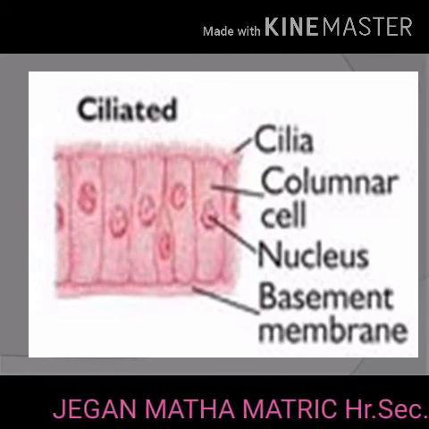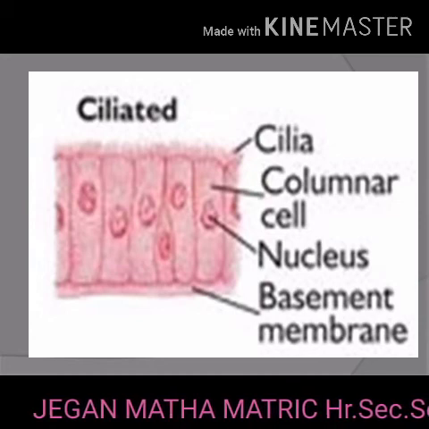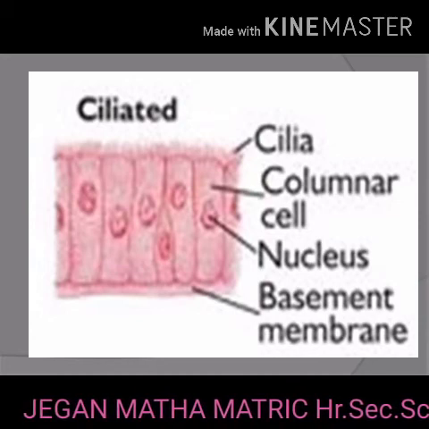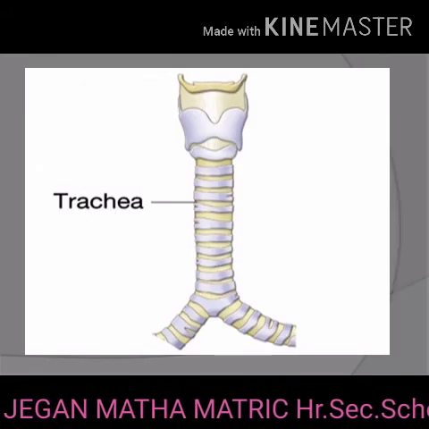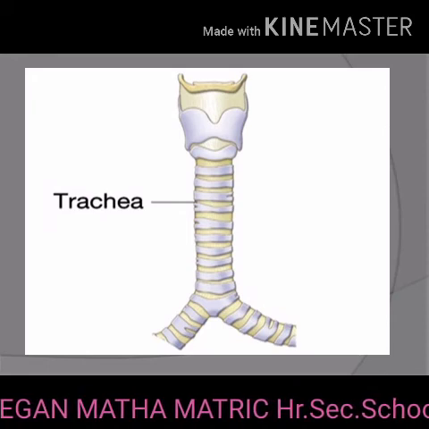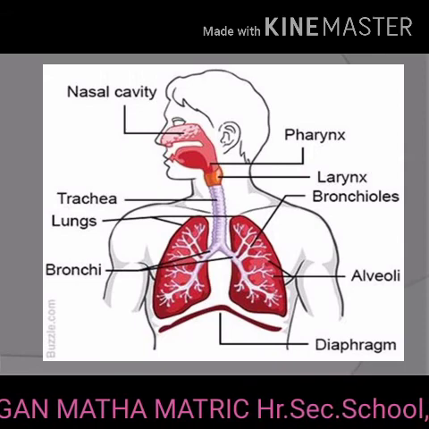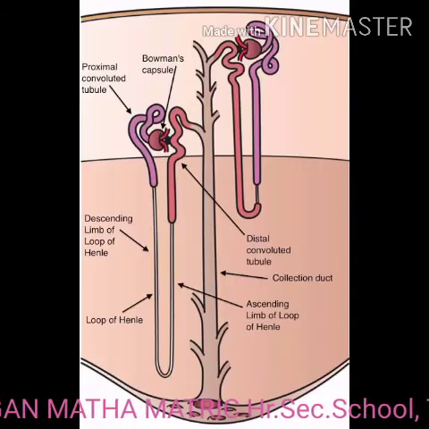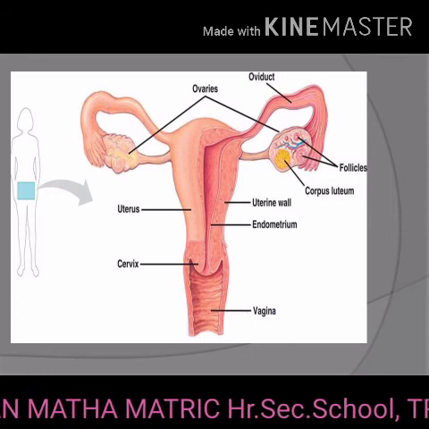Their function is to move particles or mucus in a specific direction over the epithelium. It is seen in the trachea of the windpipe, bronchioles of the respiratory tract, kidney tubules, and fallopian tubes of the oviduct.